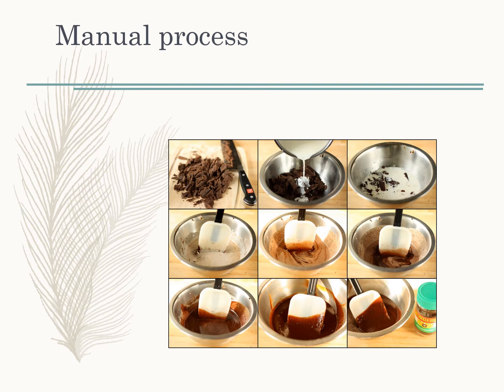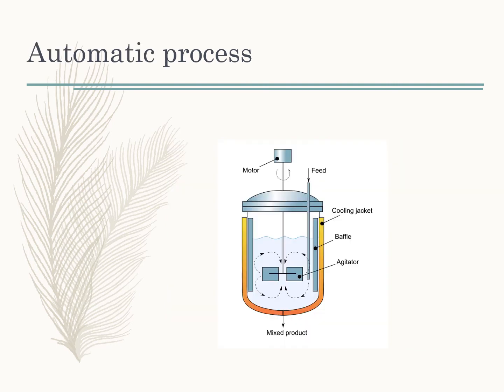In a manual way, we have to mince the chocolate first, and then stir the chocolate with the milk, and lastly it will become a mixture like this. For the automatic process, we just have to feed in the raw material here, and then this reactor will do the reactions, and the end product, the mixed product, will come out from here.